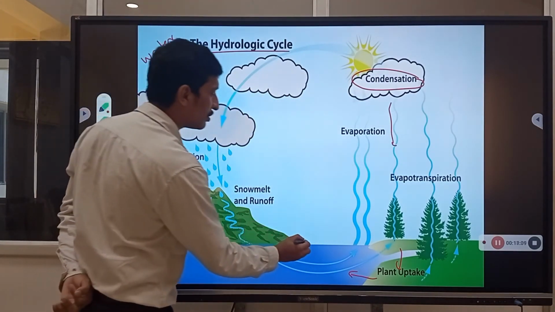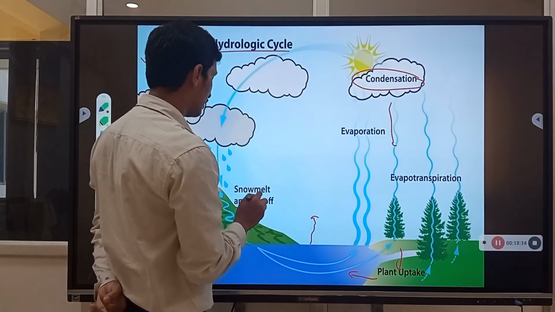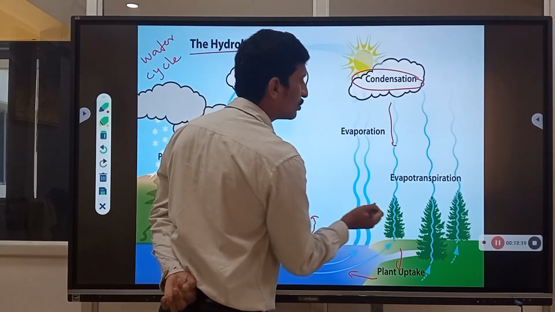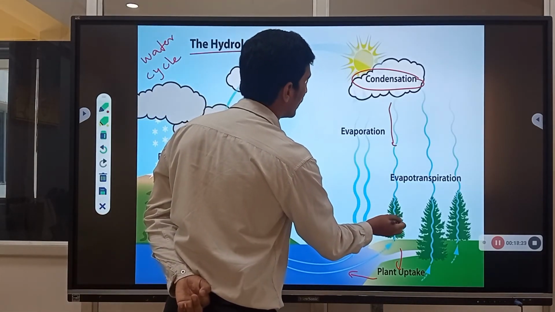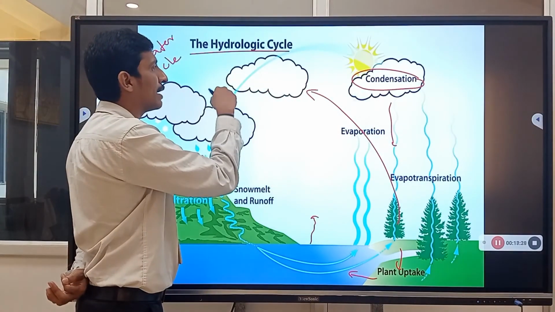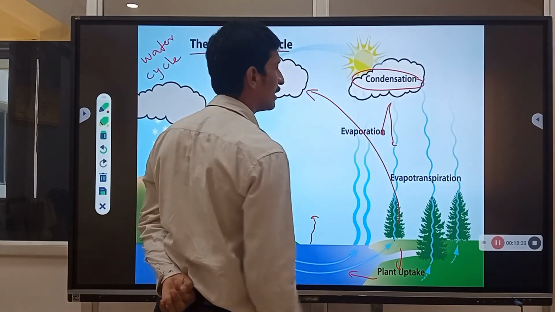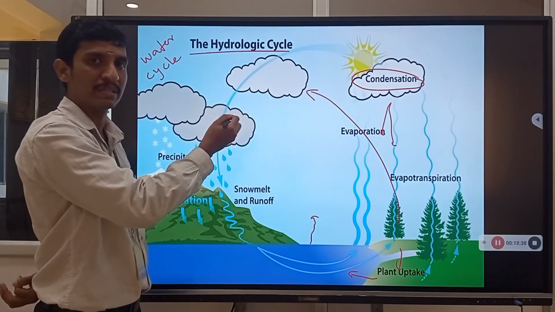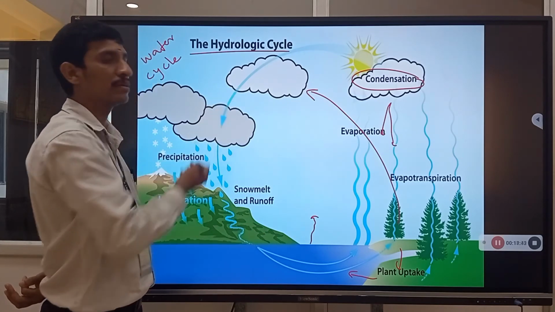Then according to evaporation, the water evaporates and again reaches the cloud, and water is also consumed by plants and returns through transpiration and evapotranspiration. Then the cloud again does condensation and comes to the earth as precipitation. This is the cycle of water, from cloud to land and land to cloud.